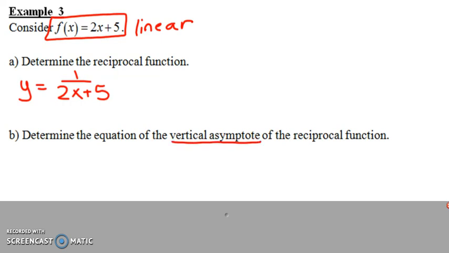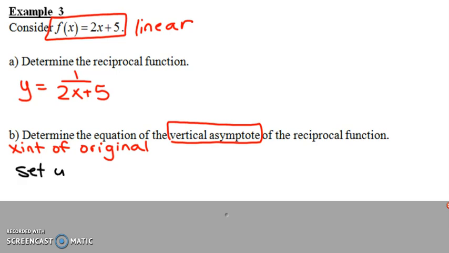Now for part B, determine the equation of the vertical asymptote of the reciprocal function. Okay, the vertical asymptote would be where the x-intercept of the original function was. And you guys all know how to find x-intercepts. So remember, to find an x-intercept, you set y equal to 0. So we'd get 0 equals 2x plus 5.